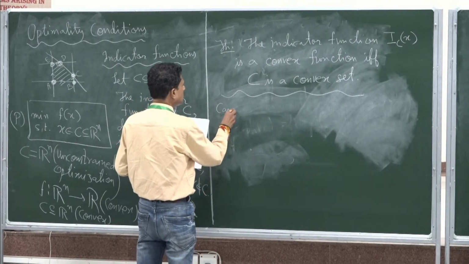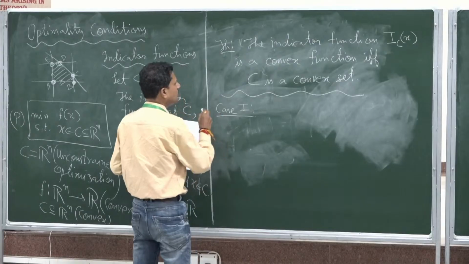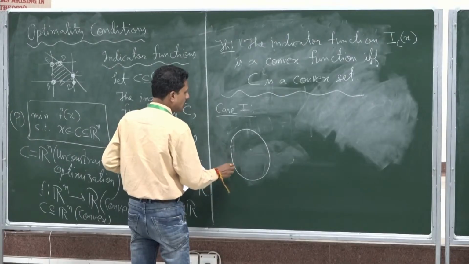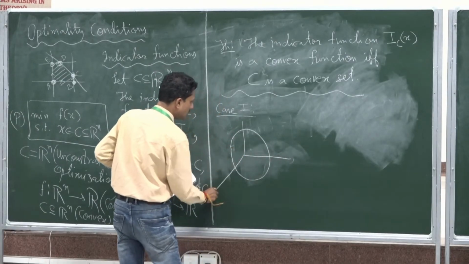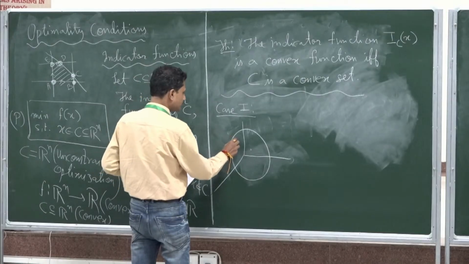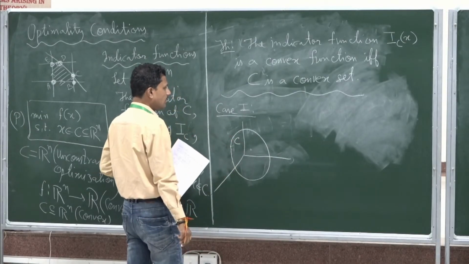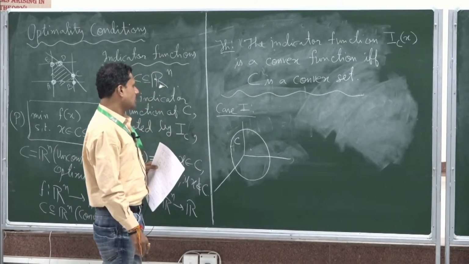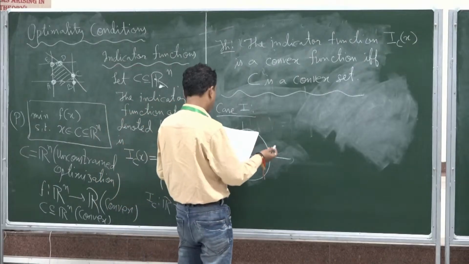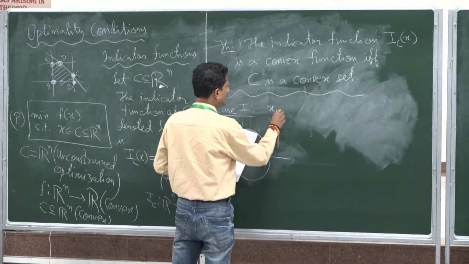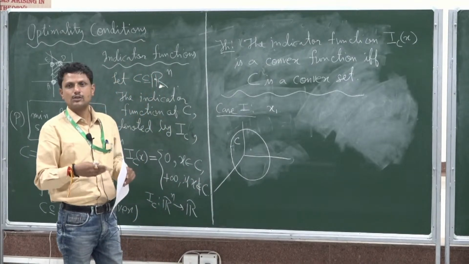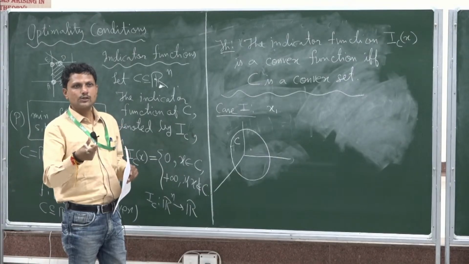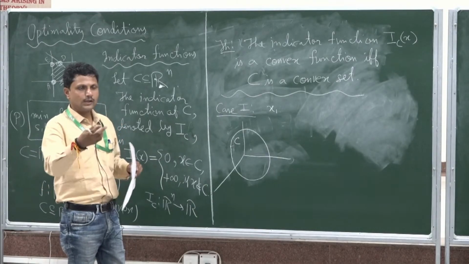Suppose we have this set C and all of this space outside this set C. Now the indicator function is defined over all this space. So we can have different cases, because to show that this function is a convex function, we need the convex combination of 2 points in the space.